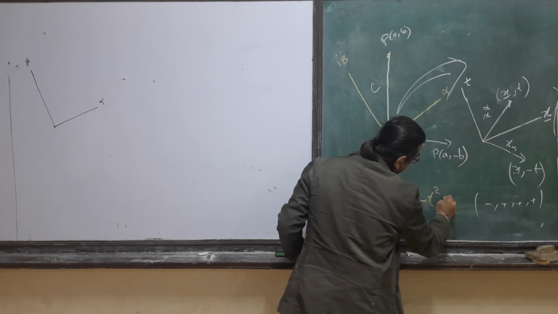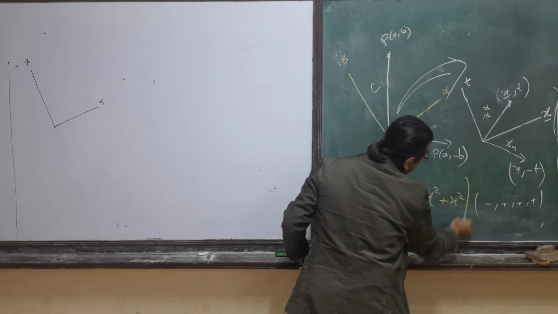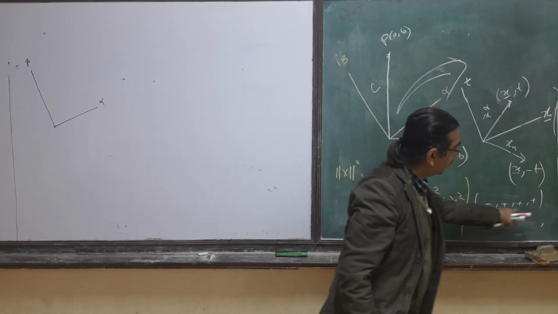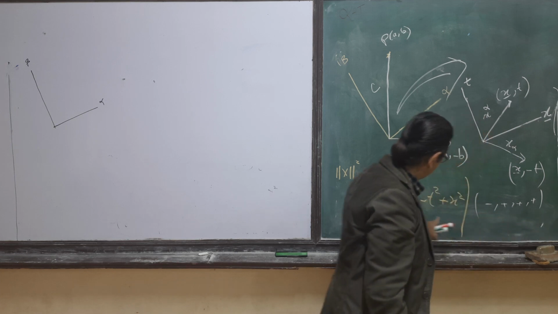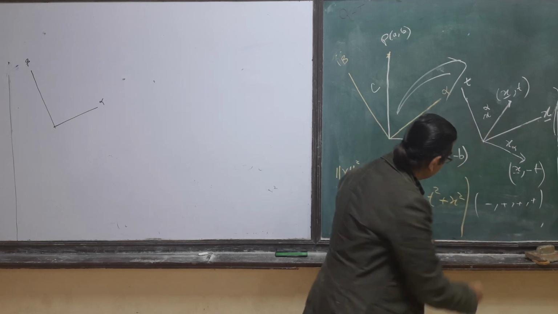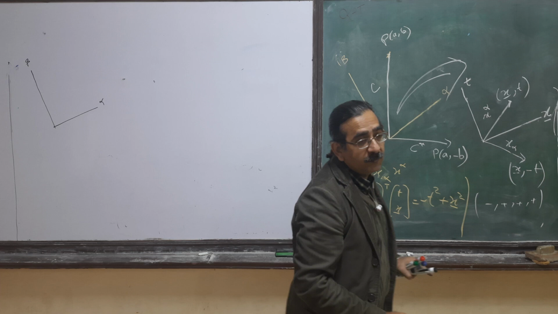Minus t square plus x square. When I first derived it, that was the minus plus plus signature.